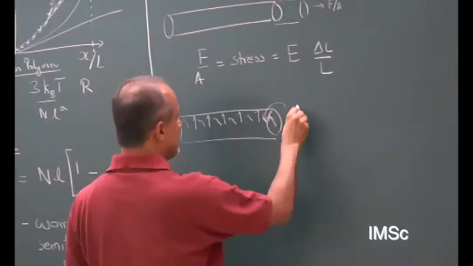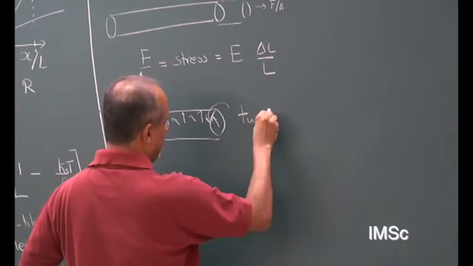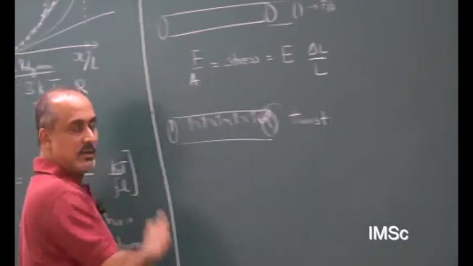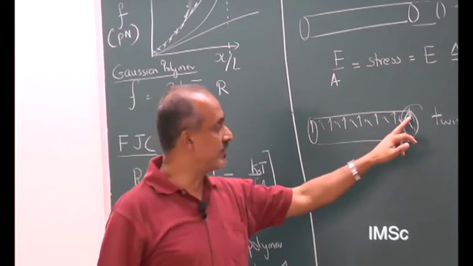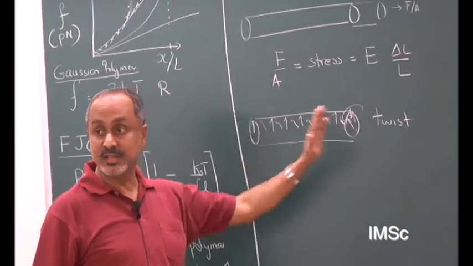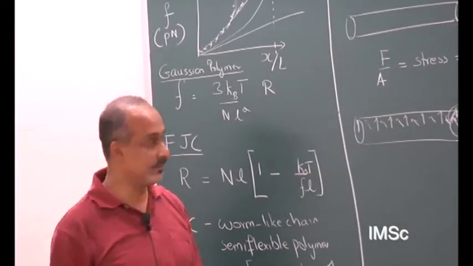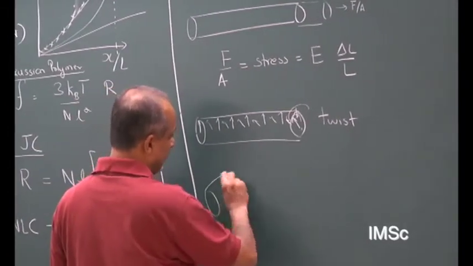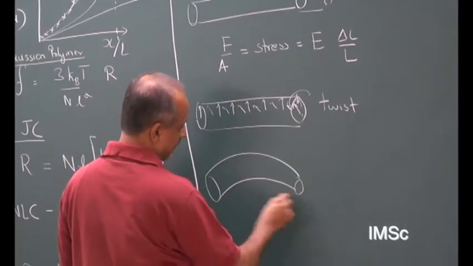So this I called a twist, and a measure of the twist is the angle that it makes here. If this angle is 0 here and I impose an angle phi here, what is the energy cost of that deformation?